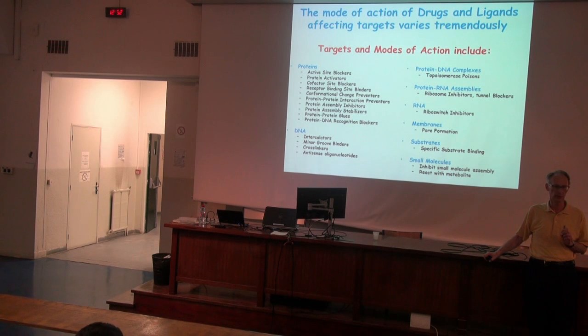That's called hemozoin. And chloroquine interferes with this stacking of heme groups, and therefore there is free heme still available and generates oxygen radicals and kills the malaria parasite.